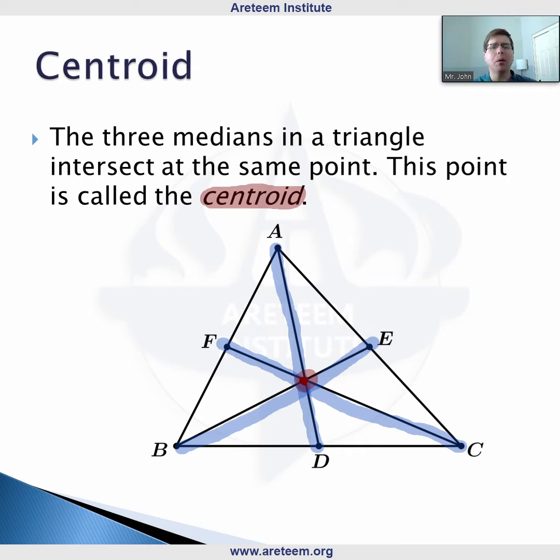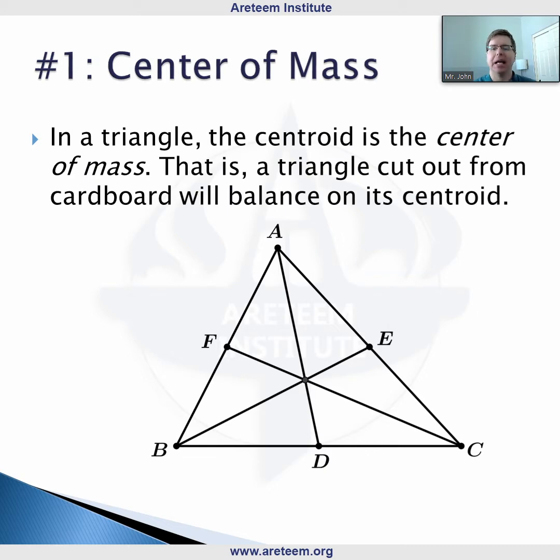Now we're going to do a couple of properties there. The two most important ones are going to be the second and third ones we do. Those are the more proof ones we'll look at quick. But the first one is why the centroid is also called a center. If you have a perfectly uniform piece of cardboard or paper or wood or something like that, the centroid is the center of mass.